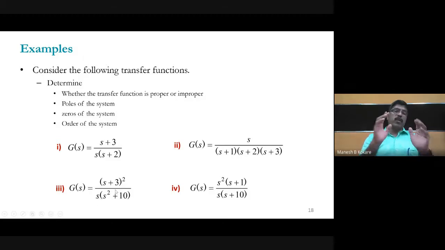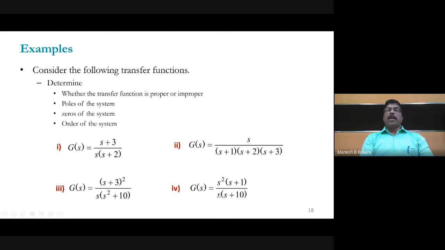I hope that you have understood example number 3, right? Now we will see the last example, example number 4. Here g of s is equal to (s square plus s) square into (s plus 1). If you expand this, the highest power of the numerator will be 3 s raised to 3 plus s square, whereas the highest power of the denominator will be s square.